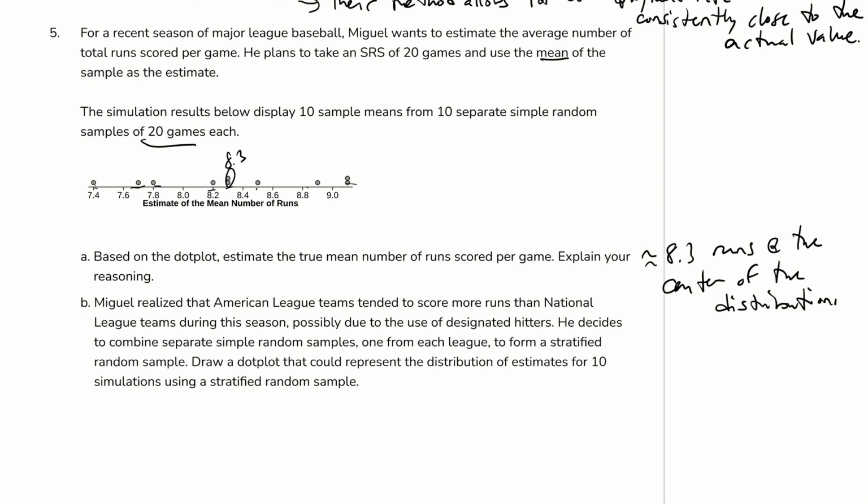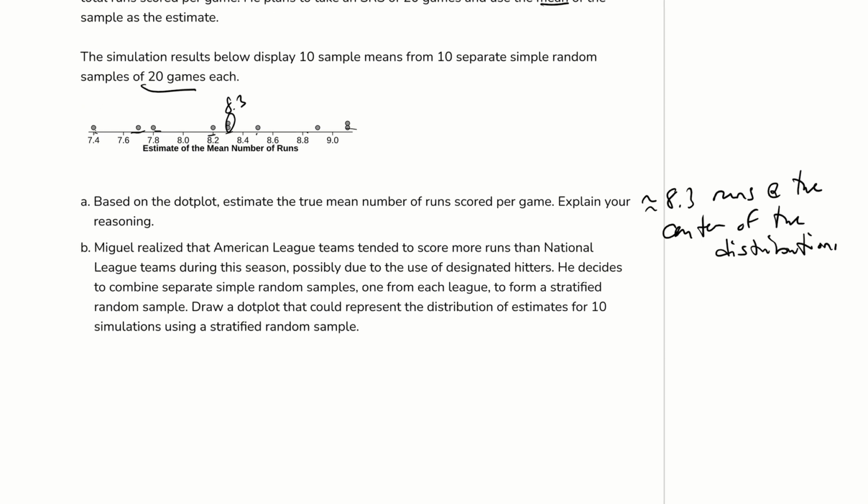So it's located at the center, so we would expect that that's the true mean number. Since we took a simple random sample, we overestimated it as well as underestimated it, right? And because there is low bias, that means that we didn't consistently overestimate or consistently underestimate, and so we could take the average of our results, and that gives us the true mean.